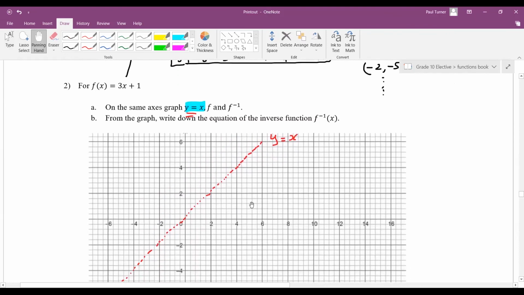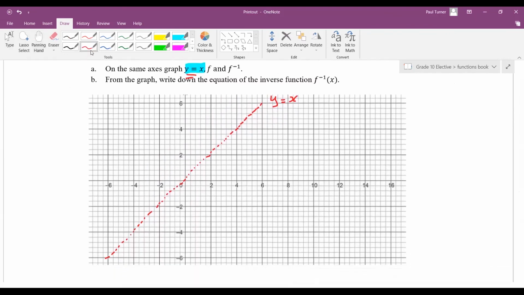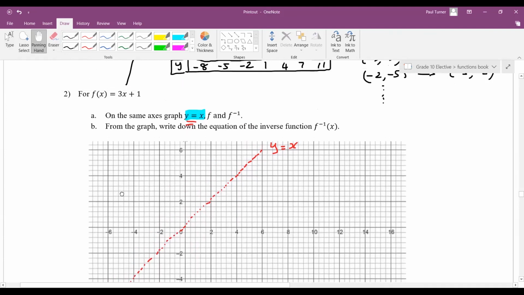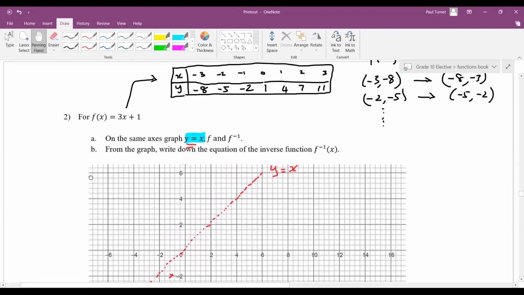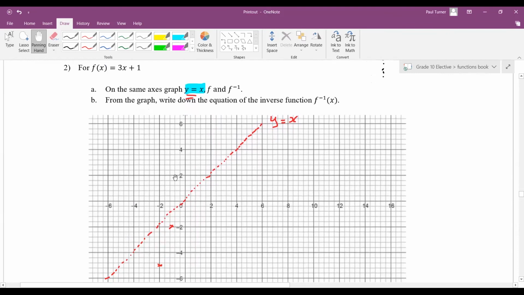So (-2, -5) is here. (-1, -2) is here. (0, 1), and (1, 4). So you can't go too far.